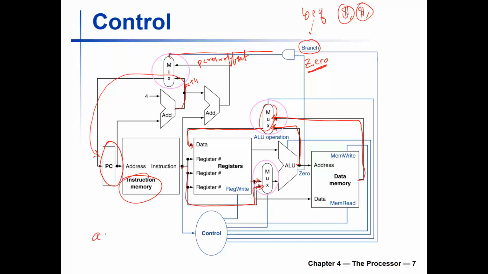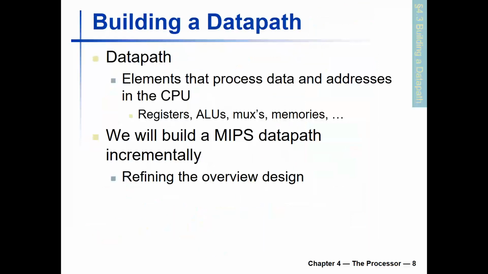For example, in the case of add immediate, S1 and S2 and let's say 4. This is immediate data, and this 4 is from the instruction itself. So now you can see I have used a multiplexer to resolve the issue of which data I need to select. Now we need to build our data path, piece by piece.